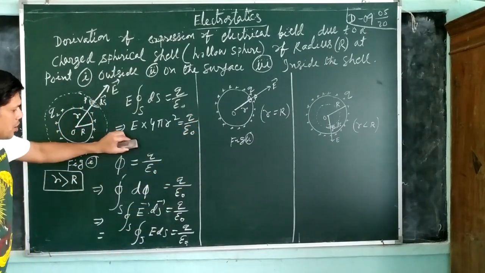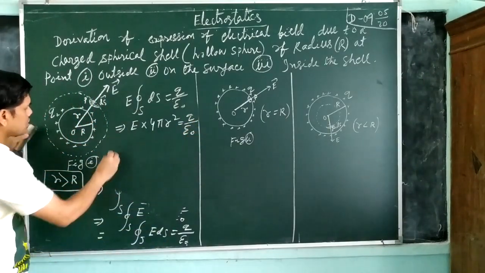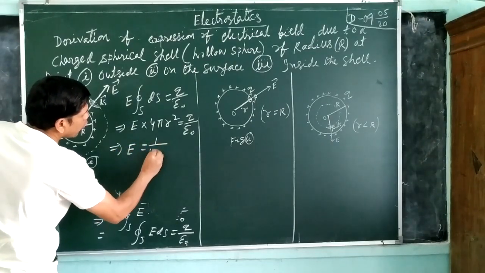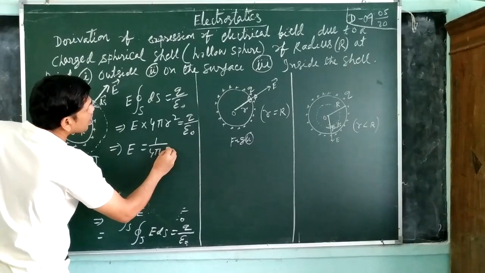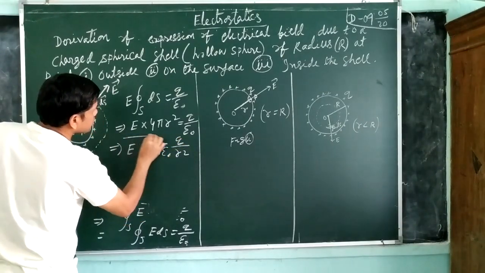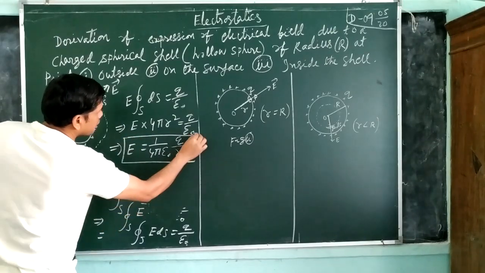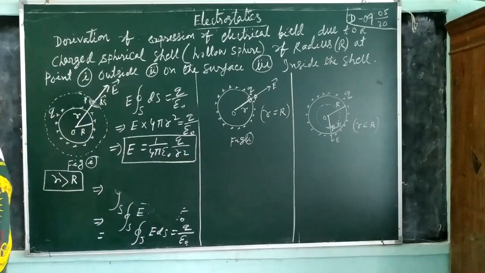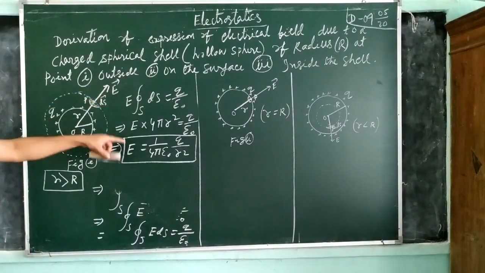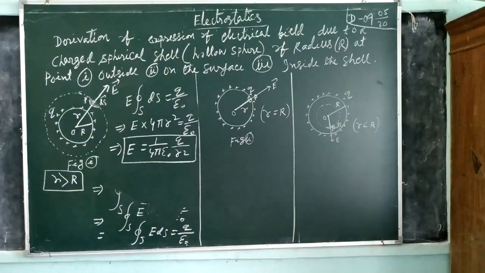So E equals 1 by 4 pi epsilon naught, Q by r square. This is the electric field due to a positively charged spherical shell at a point lying outside this spherical shell. So this is the expression for the first case of electric field due to a sphere.